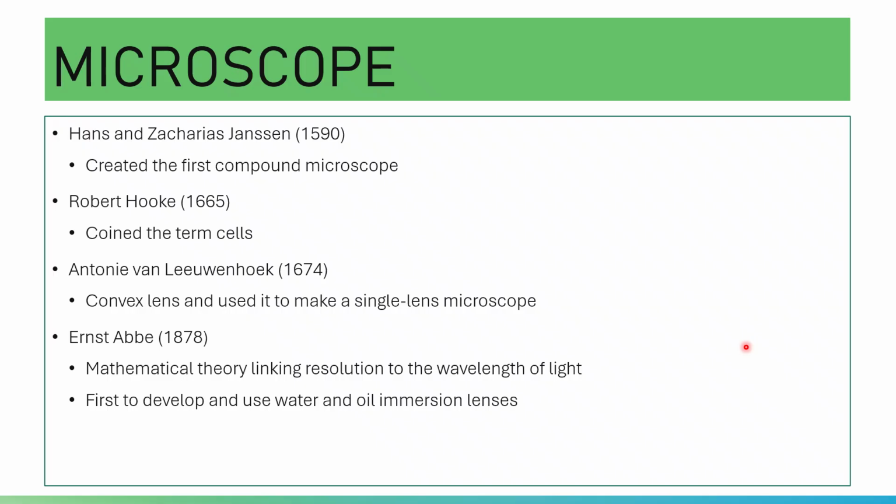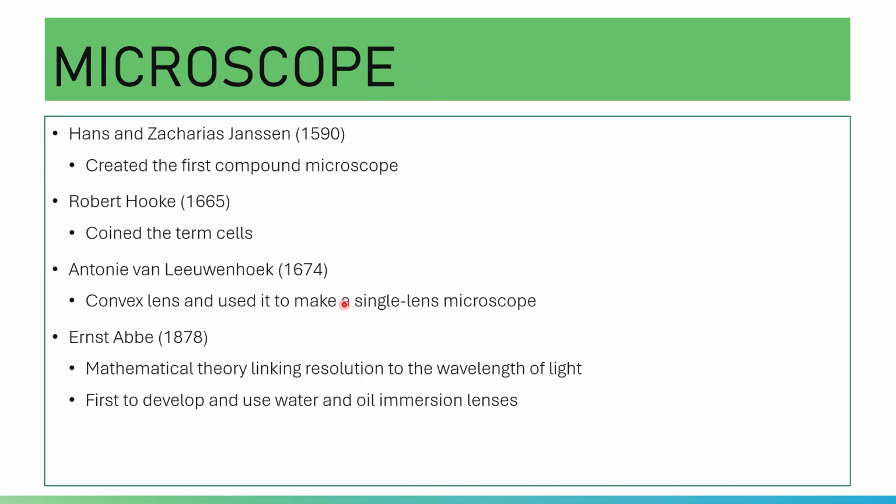But then here came Anthony van Leeuwenhoek in 1674. He used a powerful single lens microscope to become the first person to observe bacteria and microorganisms.